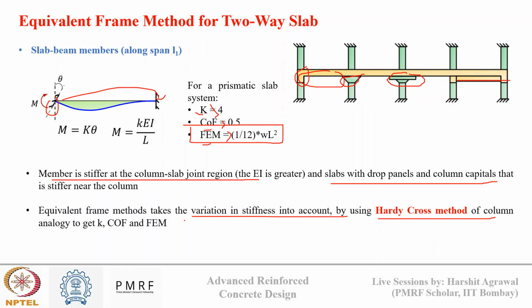The Hardy Cross method is commonly used in the ACI code, and it gives us the list of all possible combinations of slab-beam junctions, and for those combinations, we can get the value of K, carryover factor and free end moment from this method, okay. So it is not as simple as a prismatic beam, okay. For a complex system also, we can calculate the stiffness parameter using this Hardy Cross method.